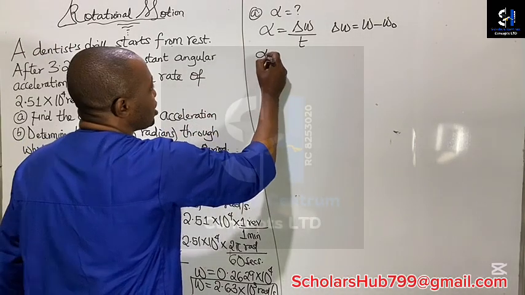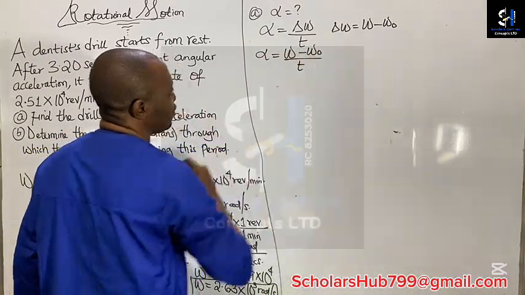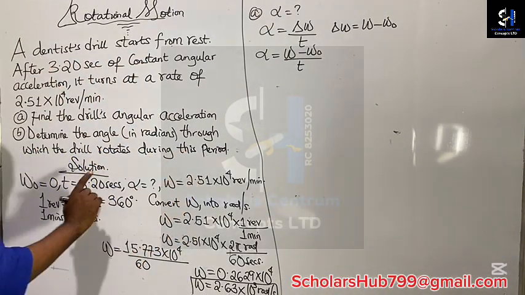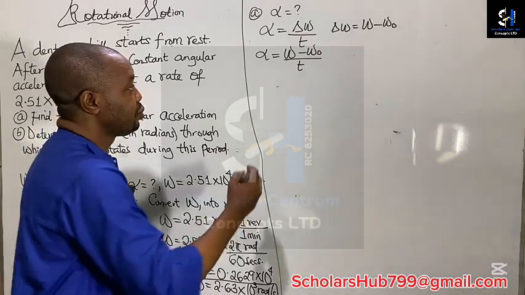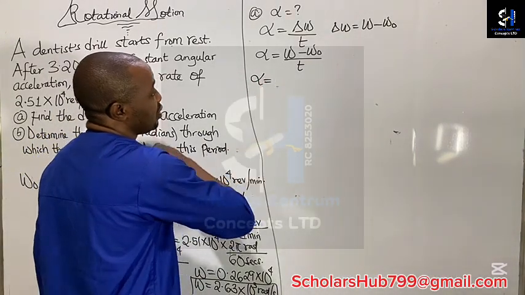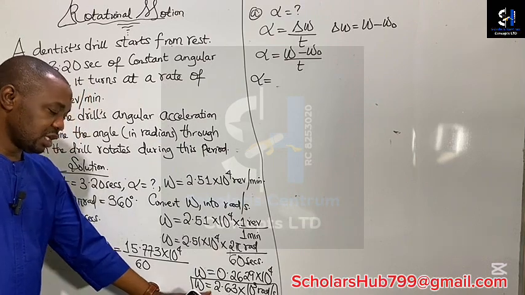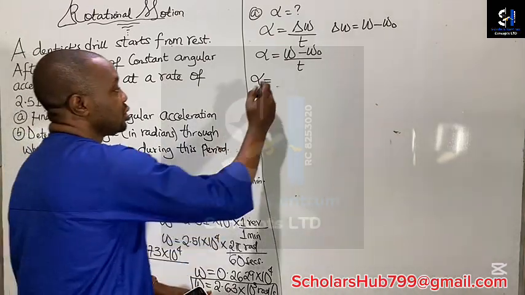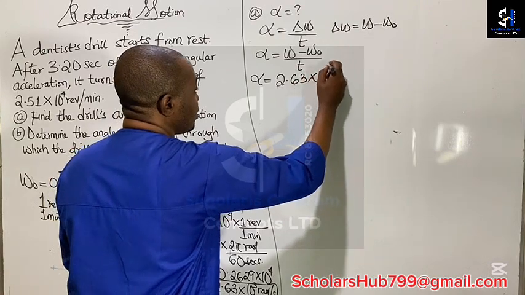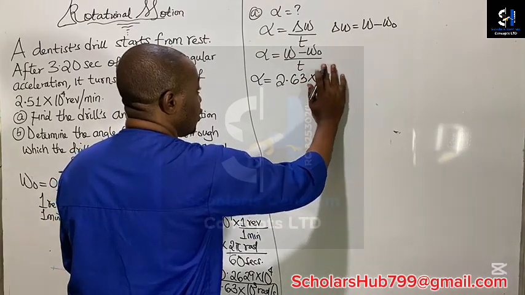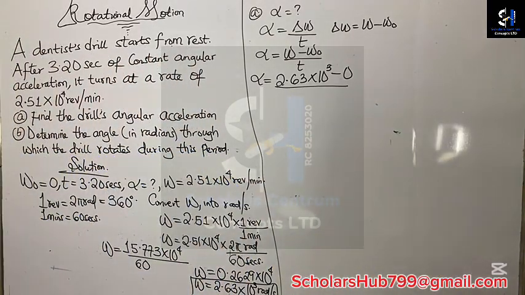So we can write this as W minus W naught over T. Now we know the value of W naught to be 0, which is the initial angular speed. So we have the angular acceleration to be the final angular speed, 2.63 times 10 raised to the third, minus 0, all over time t.